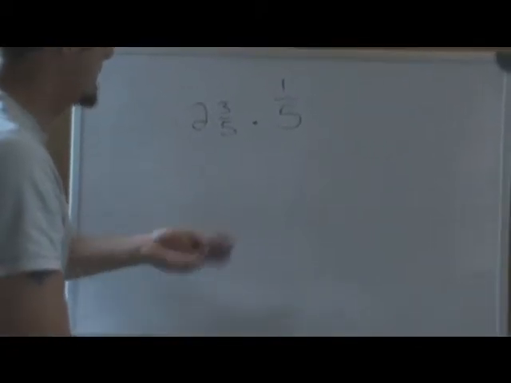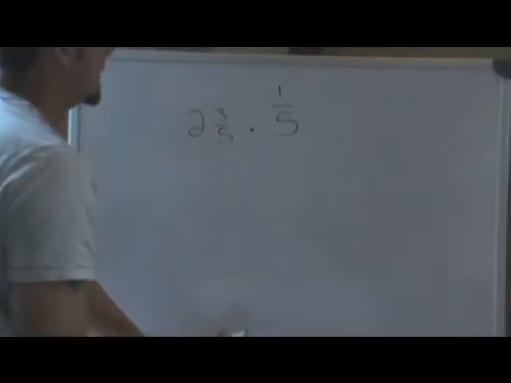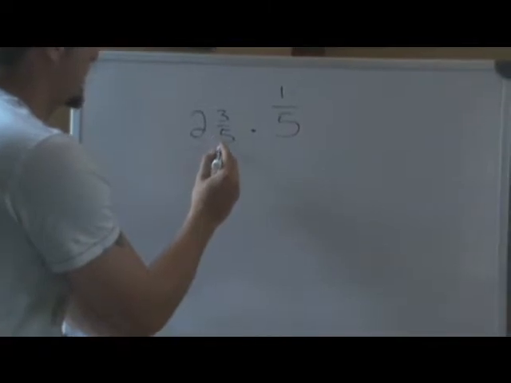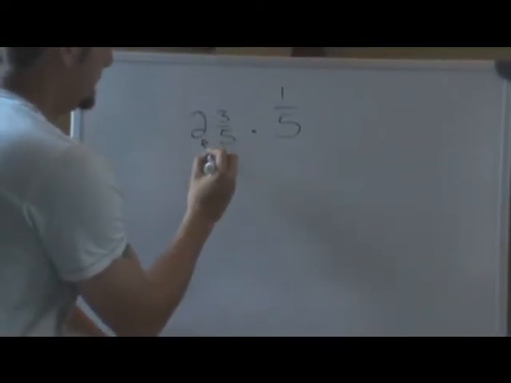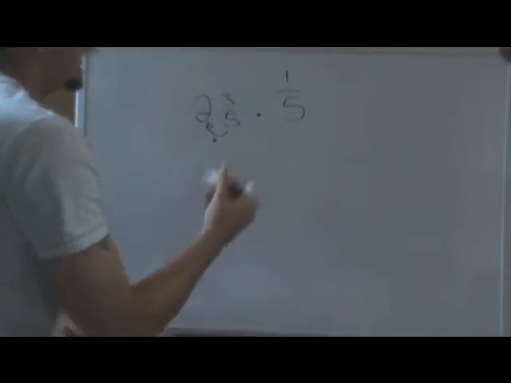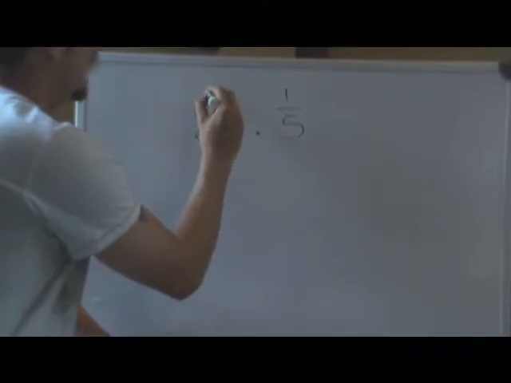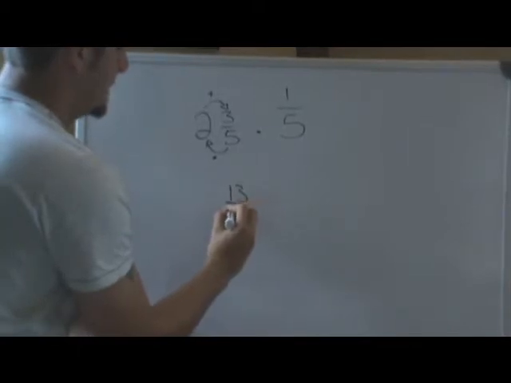If you want to multiply these together, you're going to want to turn your mixed number into an improper fraction. So you do the denominator times the whole number. 5 times 2 is 10. Then take that product and add it to the numerator. So 10 plus 3 is 13. And you keep the denominator the same, so you have 13/5.